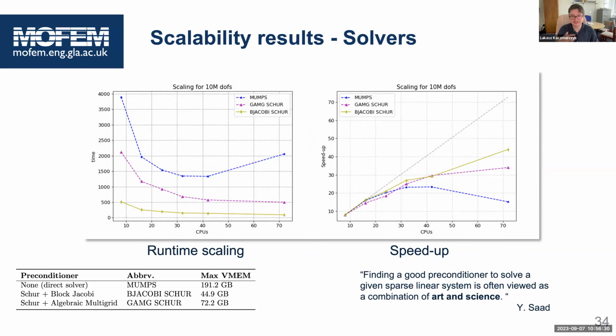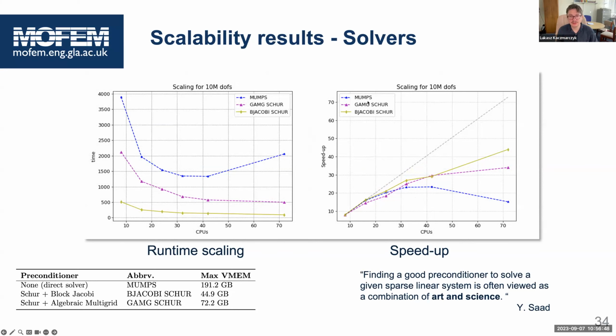But what we have found is that, for example, when we use MUMPS, the direct solver will very quickly reach the limit, and then solutions will get slower.